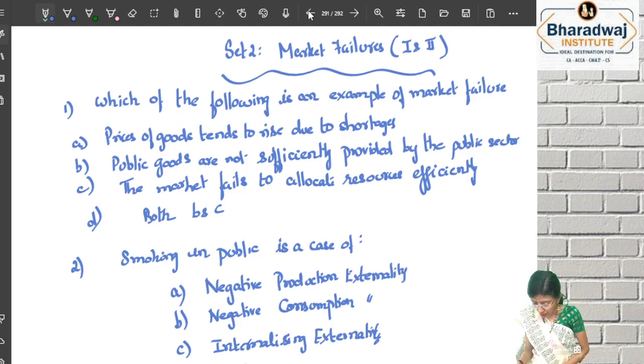Which of the following is an example of market failure? What did you all write? B and both B and C. Yes, others, please tell me.